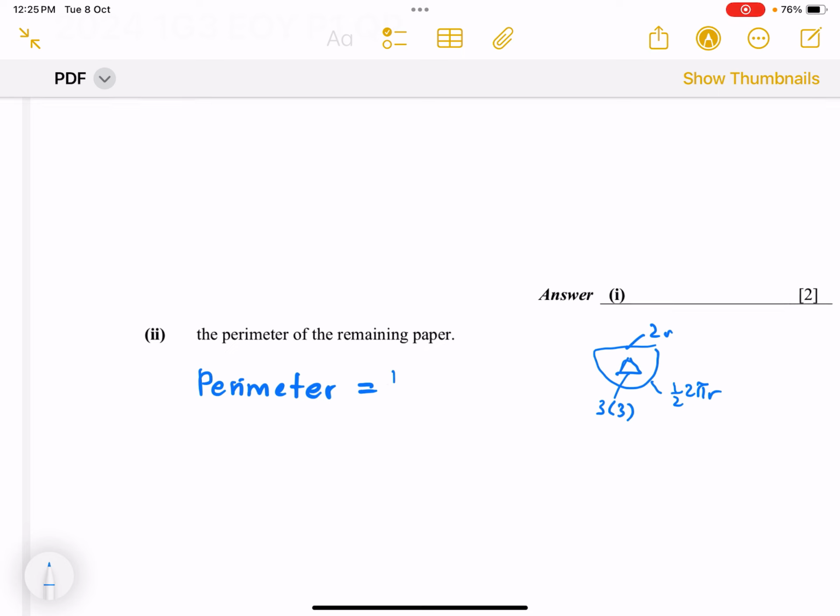All right, so we have half of 2 pi r, where r is 12, plus the diameter, plus the triangle internal. So that works out to be approximately 70.7 cm.